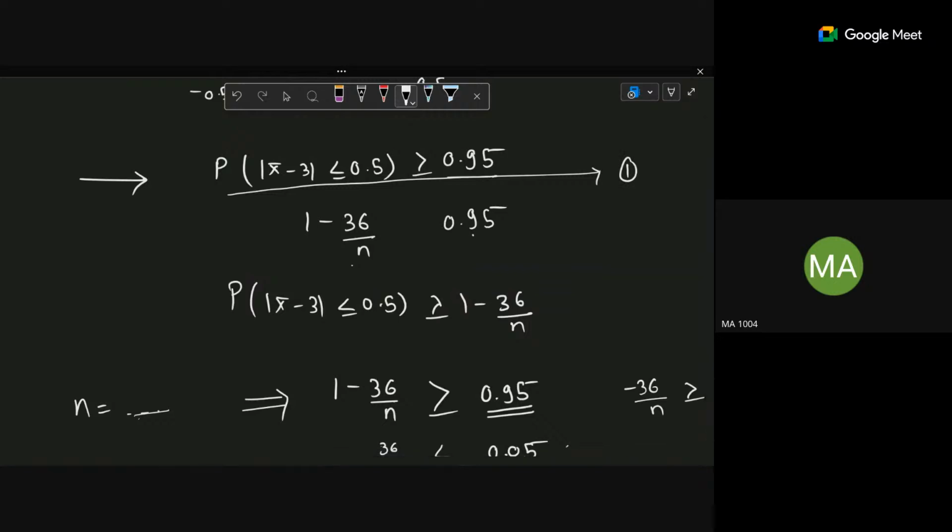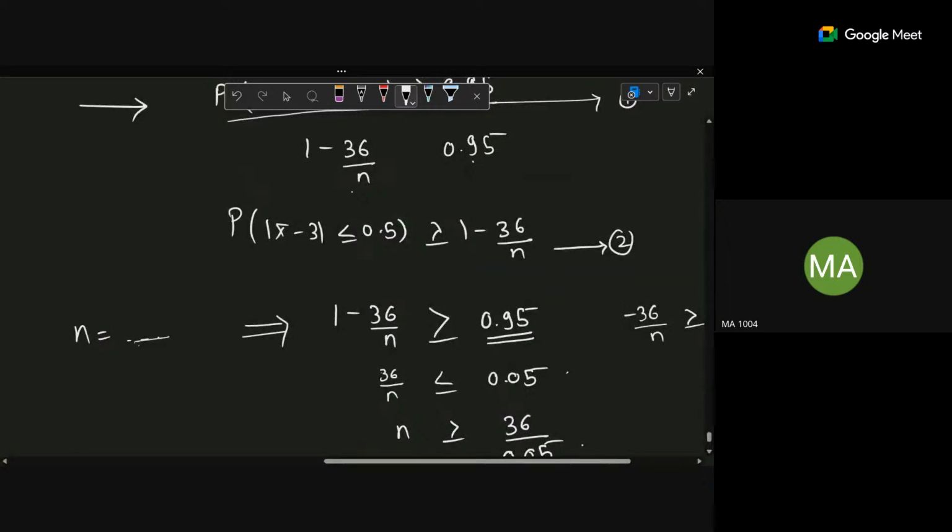And this I brought from the previous question. From the previous part, we got this one. Now you have two inequalities for the same question. But we are being asked what is the probability that this part will be more than 0.95. So I just made it smaller here and took the sign here.